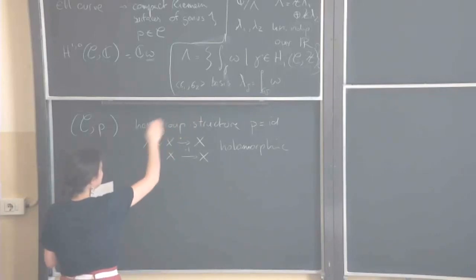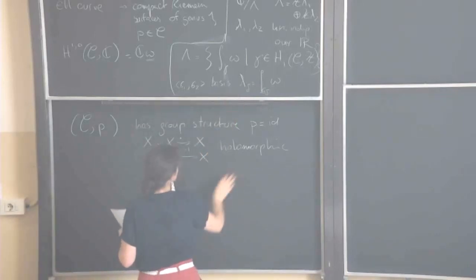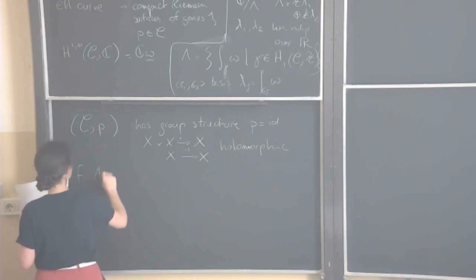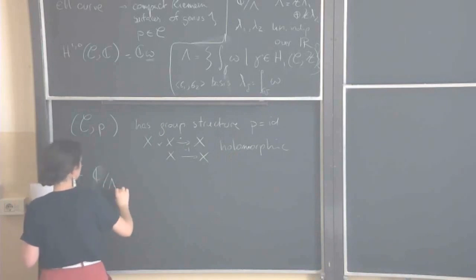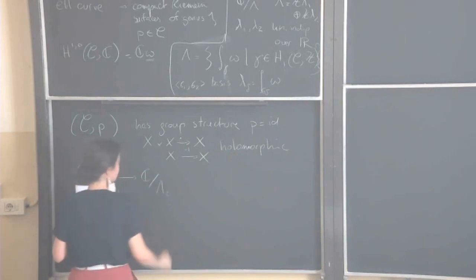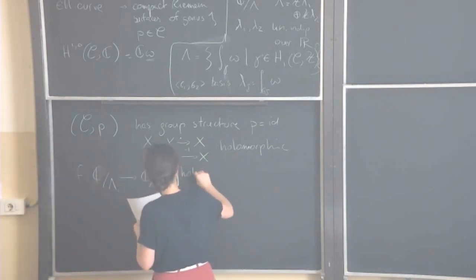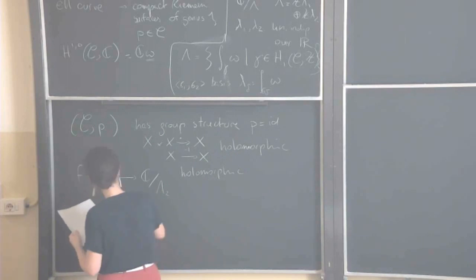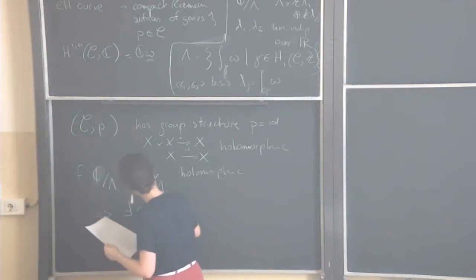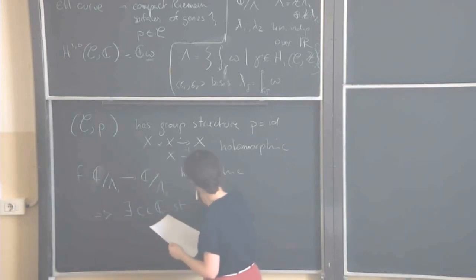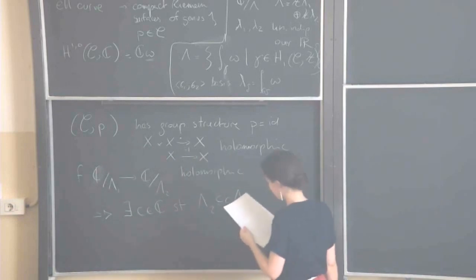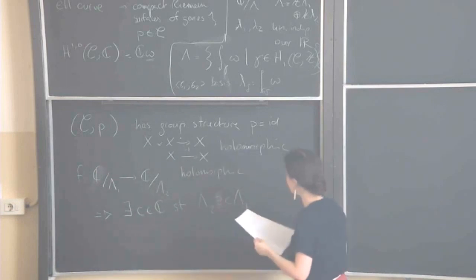If you look at this on this side, then a holomorphic function f from C over Λ1 to C over Λ2 implies that there exists a complex number c such that cΛ1 is contained in Λ2. Maybe the other way around, yes, okay.